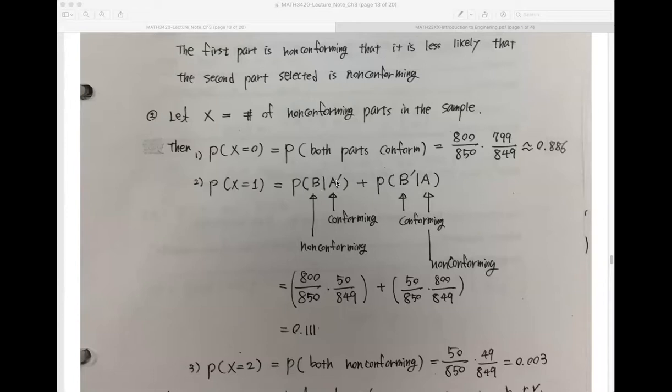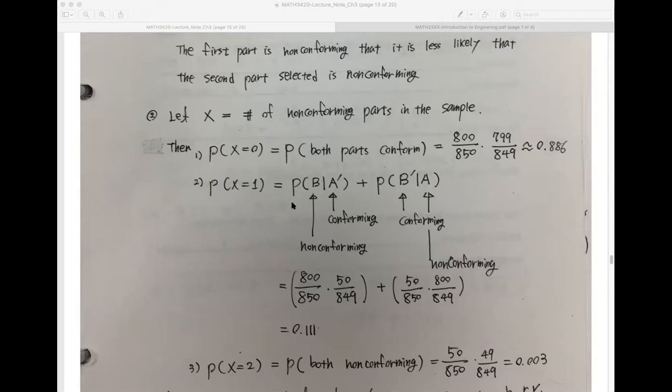And A is the event that in the first trial we get the non-conforming part. So A prime means the complement of A, so in the first trial we select the conforming part, right? Similarly, B prime is the conforming part, A is non-conforming.